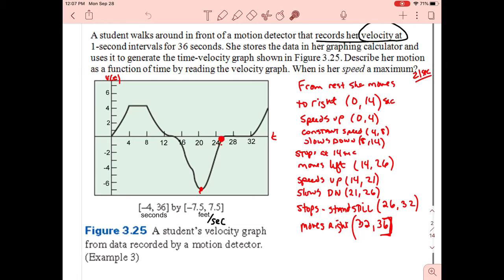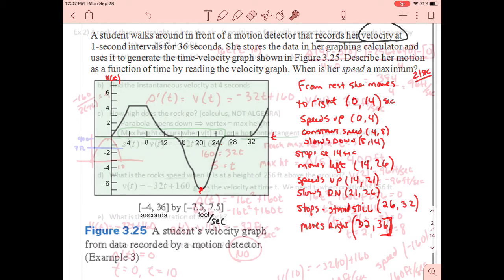At the 26-second mark, her velocity is 0, which means she's stopped. She remains stopped and just stands still from the 26-second mark all the way to the 32-second mark. And then after the 32-second mark, she's back moving to the right, or moving away from the motion detector, and she is speeding up.